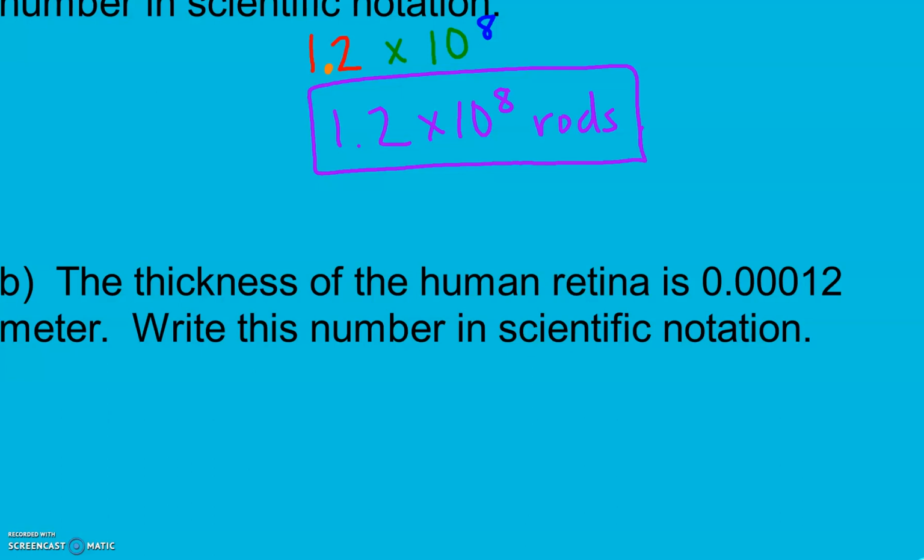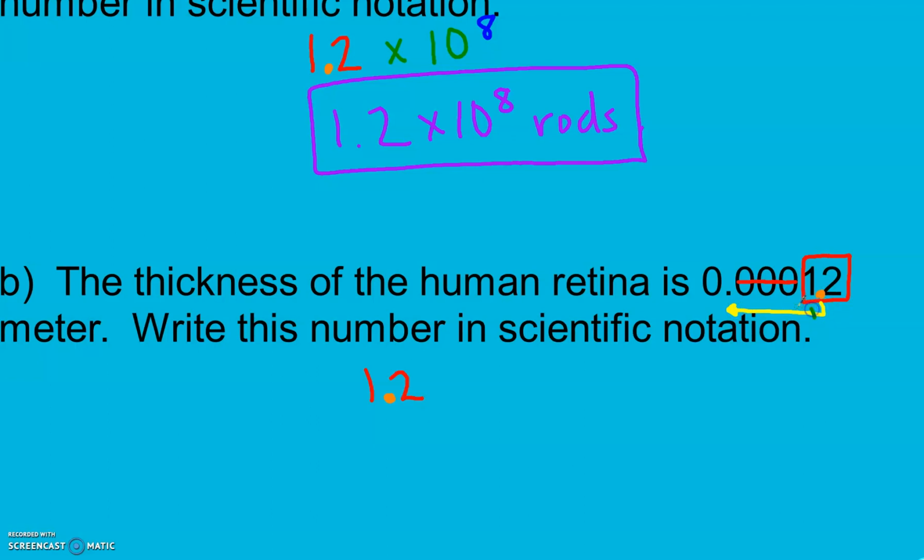The thickness of the human retina is 0.00012 meters. Write this number in scientific notation. So again, we just care about our numbers from where they start in relationship to our decimal. So these zeros we don't care about. We want exactly one number in front of our decimal, so it goes between my 1 and my 2. Then we count how many places we'd have to move to get back to where we were.